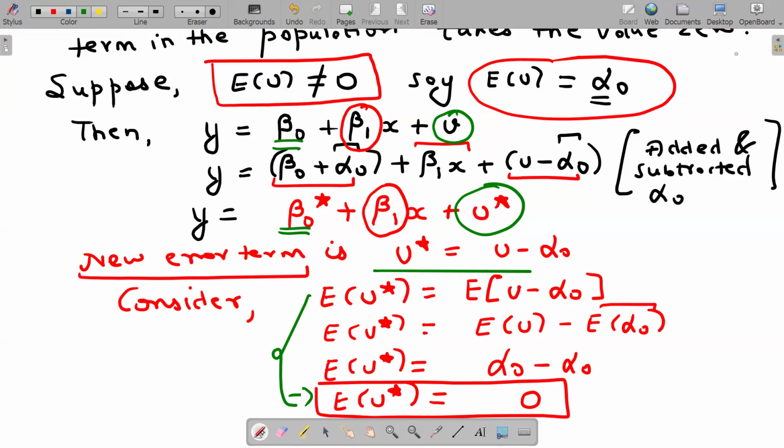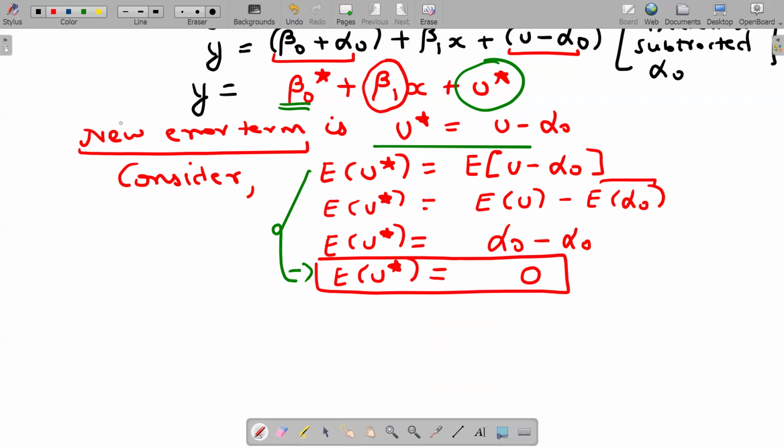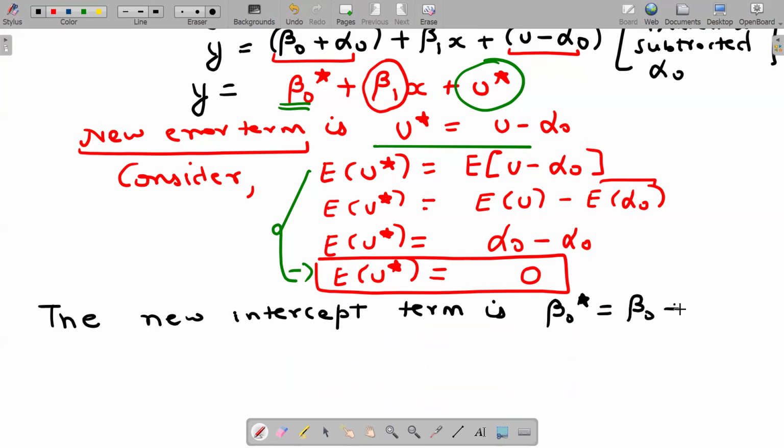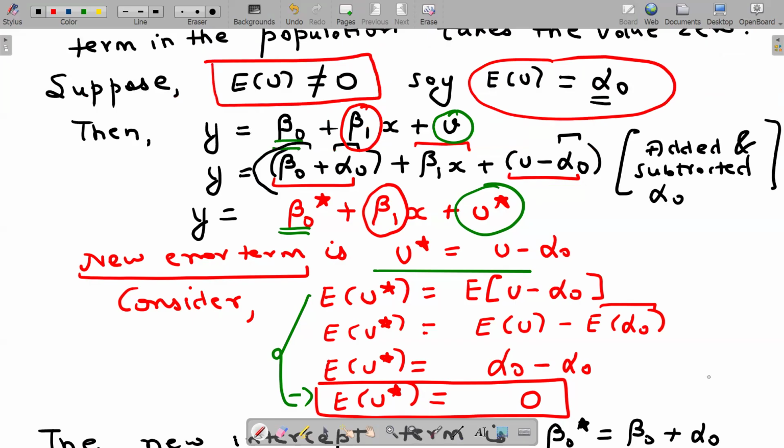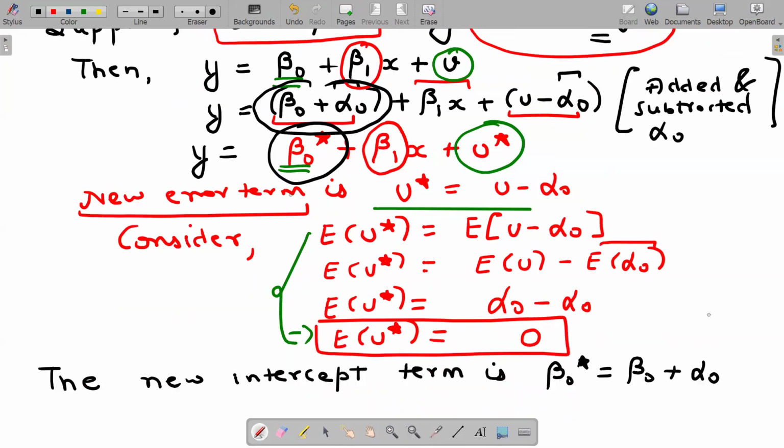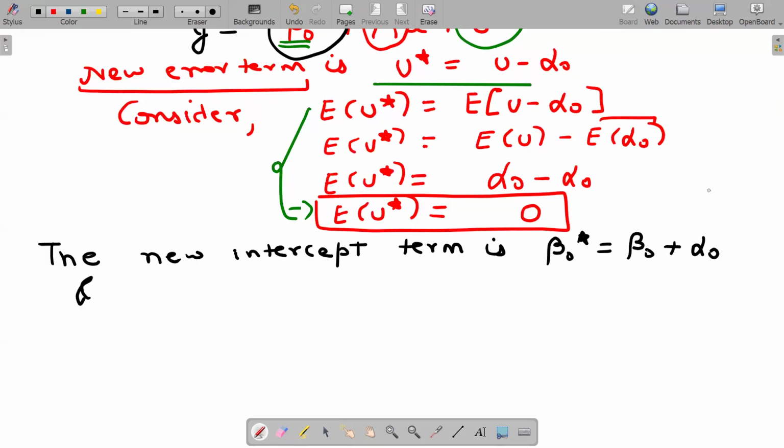So I can write that the new intercept term beta naught star is equal to beta naught plus alpha naught. You can see in the regression that beta naught plus alpha naught is equal to beta naught star, and the slope beta 1 does not change.